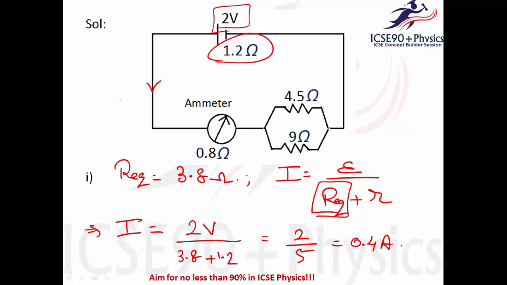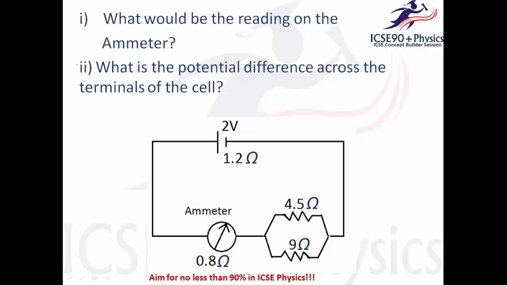So this current I straight from this battery would have a value 0.4 amperes, and thus the reading for this ammeter would be 0.4 amperes, because this current flows as it is and does not get split anywhere while passing through this ammeter.